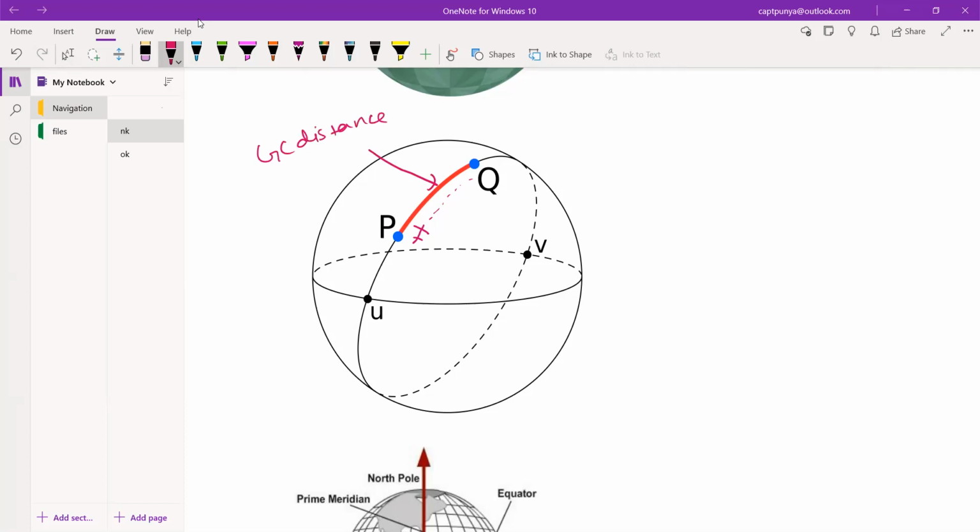Now why are we calling it a great circle, guys? Because this is a great circle.